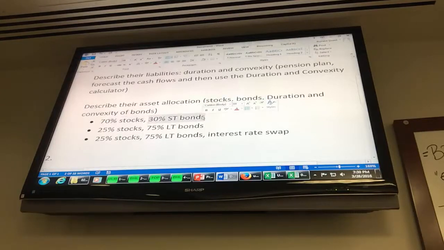So the duration of your assets is going to be really, really short because you only have 30% in bonds and they're short term. And so when you figure out the duration of your assets, it's going to be really, really short. So if you say these bonds have a duration, say, of 2 years or 3 years, you do 3 years times the dollar value of your assets times 30%, and that's going to give you that asset piece.